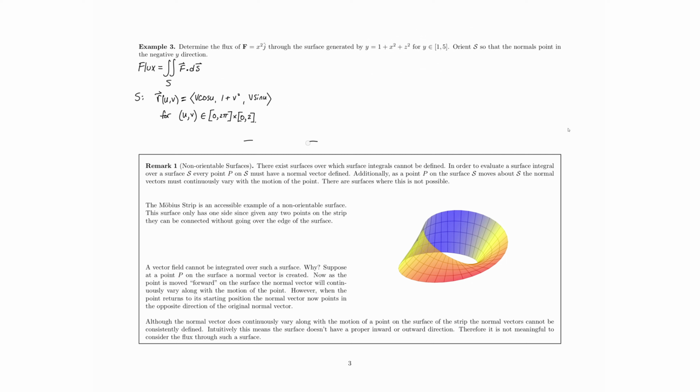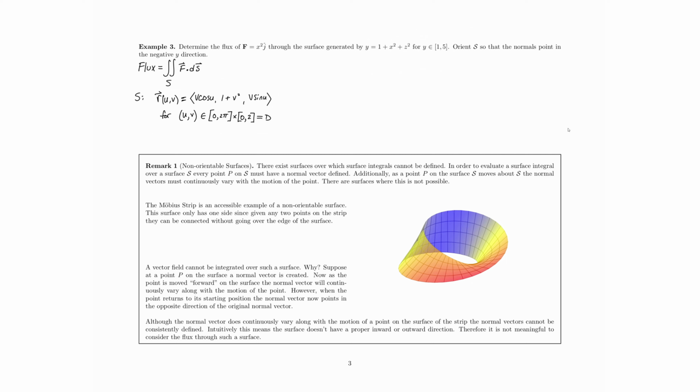Okay, so now that we have our parameterization along with our domain, again, this domain, I always forget to write this, but this is what we're going to call D, our domain D. So now what we can do is take our partial derivatives and cross them. Just since we can save some time here, we don't have to show all the steps for these.